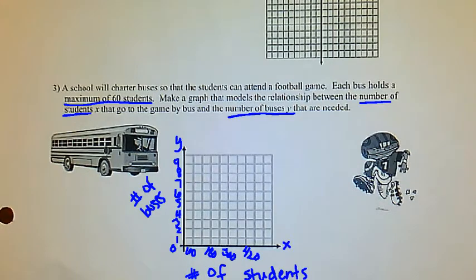Okay, so it's saying that each bus can hold a maximum of 60 students. So first we'll draw a little dot at 0, 0. So 0 buses, 0 students.